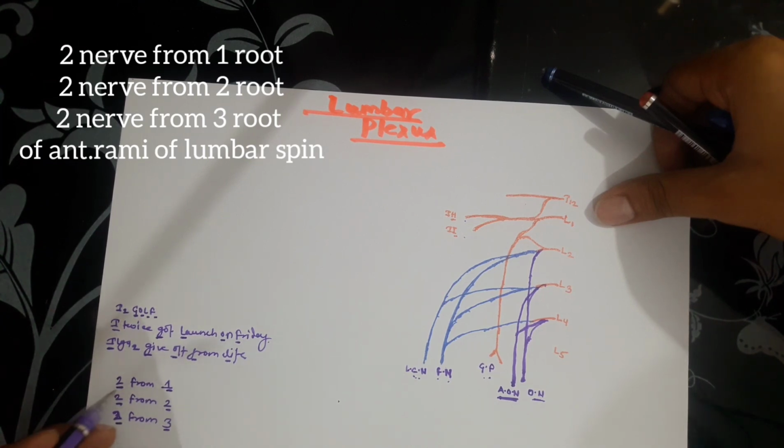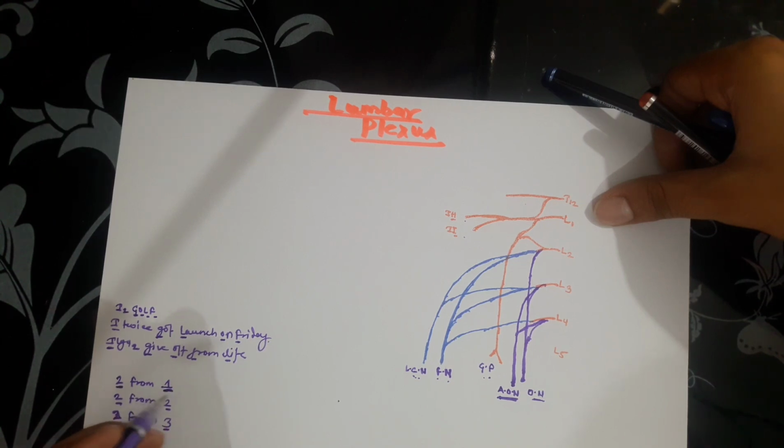So what is the meaning of it? We can see here 2 nerves, iliohypogastric and ilioinguinal, originate from only one lumbar root, the anterior ramus of L1.